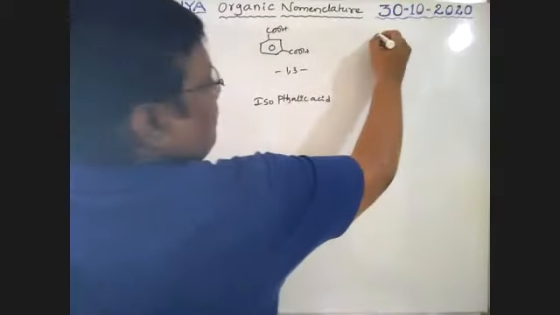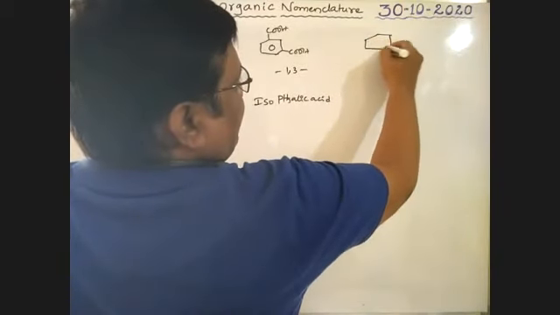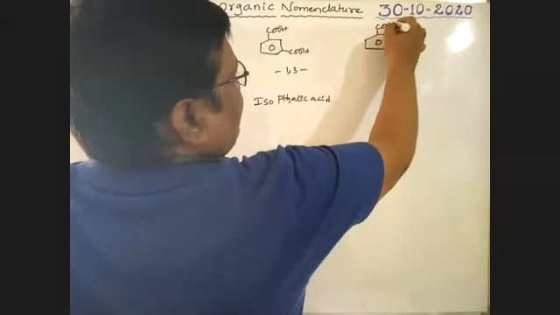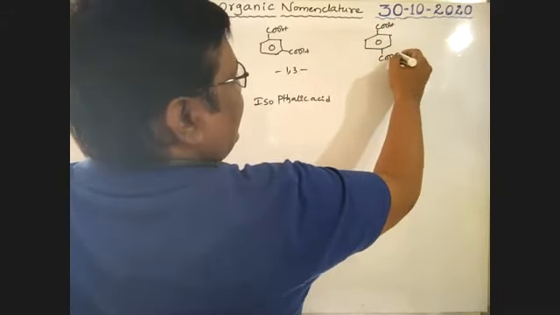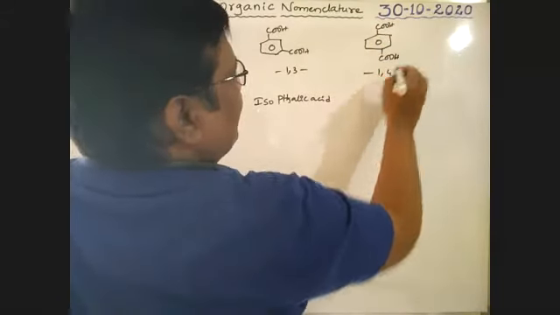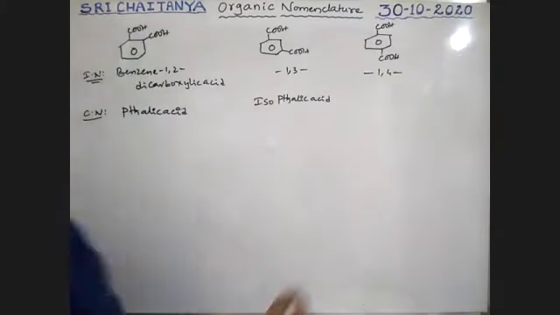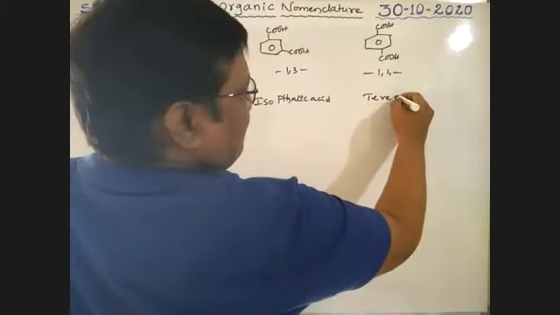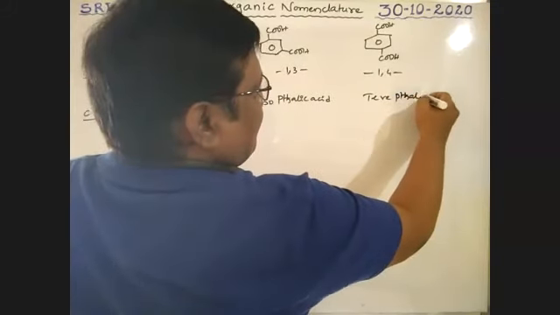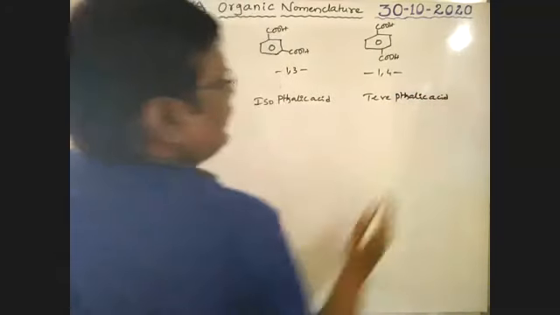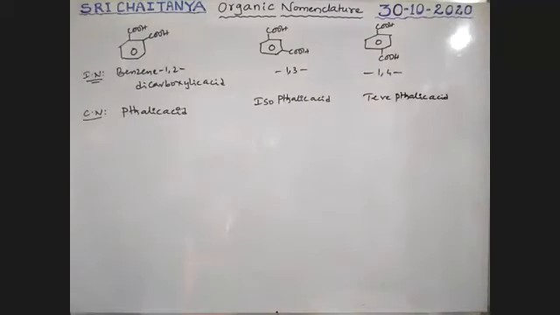Next, the para position: benzene-1,4-dicarboxylic acid. It is called terephthalic acid. Terephthalic acid.